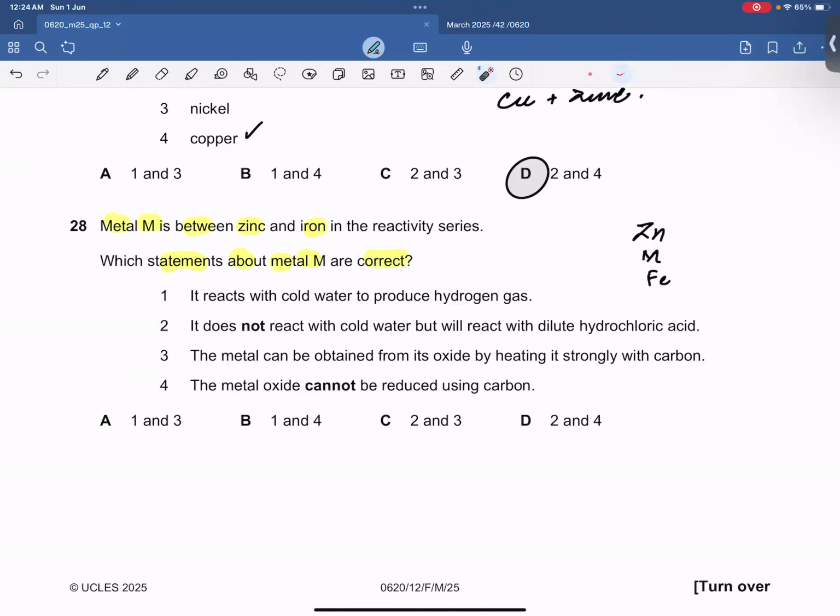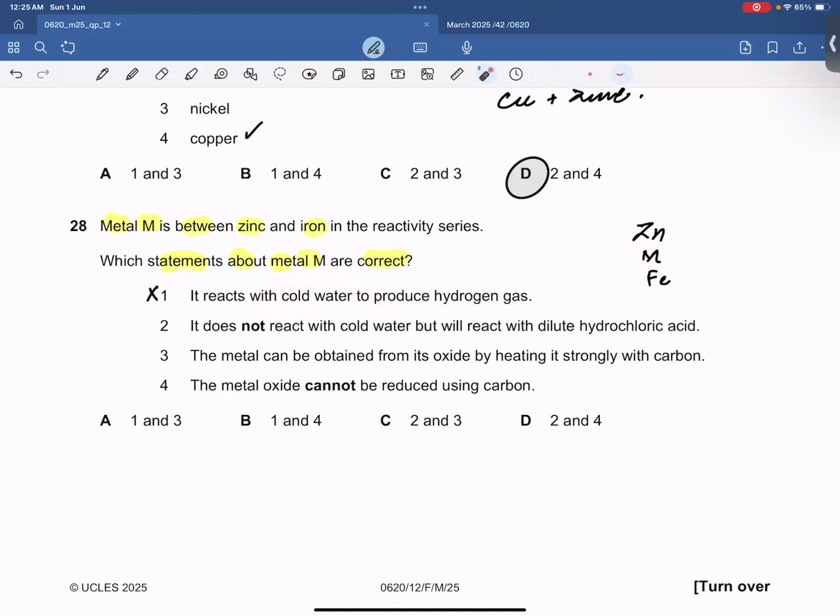It reacts with cold water to produce hydrogen gas. If M is less reactive than zinc, it reacts rapidly with steam, just like magnesium.